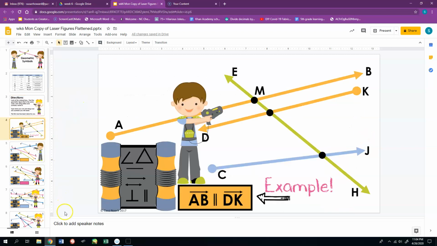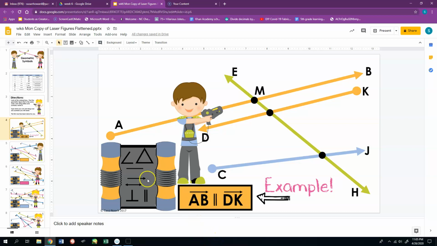So let's take a look at this example. I see that my box color is this kind of yellow color, and so I want to look for geometric symbols that are that same color. And I see I have a ray up here, ray AB, and another ray of that color, ray DK. And so I can see that those 2 rays are parallel with each other.